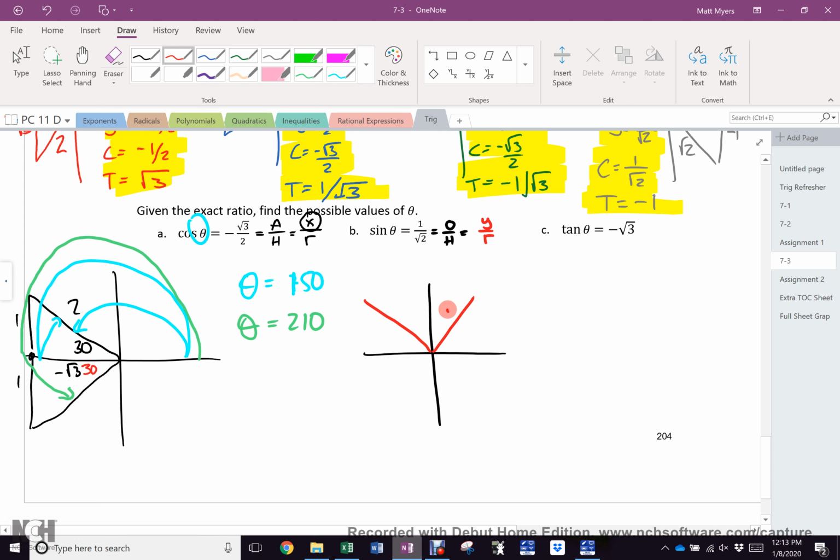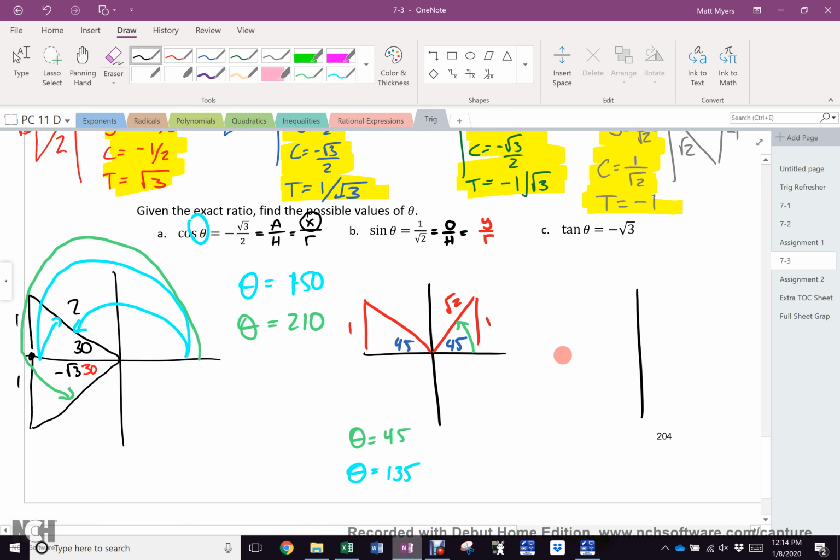Well, the r has got to be root 2. The opposite's got to be 1. So what triangle do we have? It's the 45, 45. So what's theta? What's the first theta? 45. What's the second theta? 135. Whew, you guys, so smart.